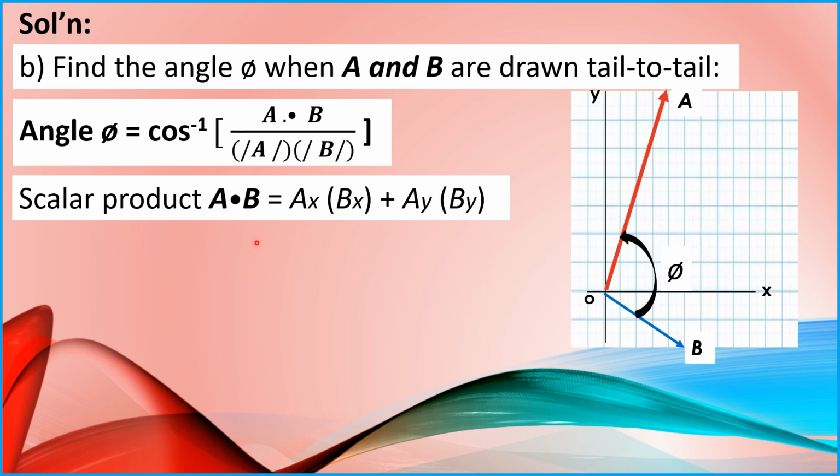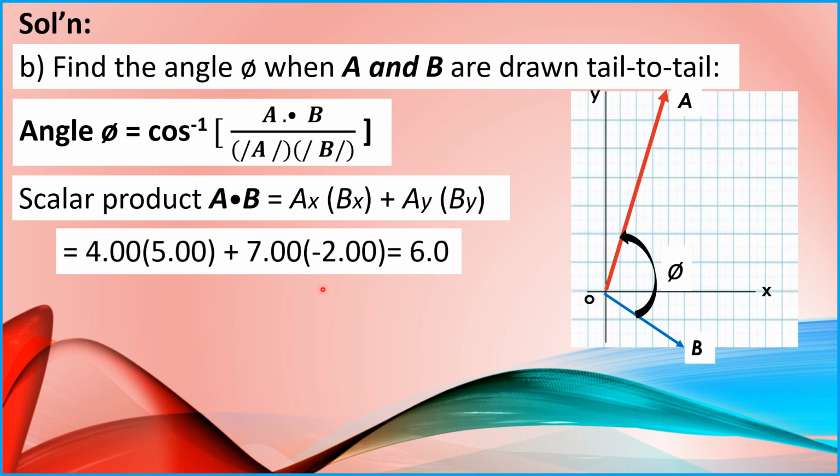So we first determine the numerator in this formula, and that is the scalar product A dot B. That is equal to the x component of A multiplied by the x component of B plus the y component of A multiplied by the y component of B, right?